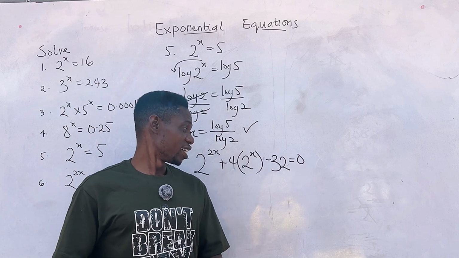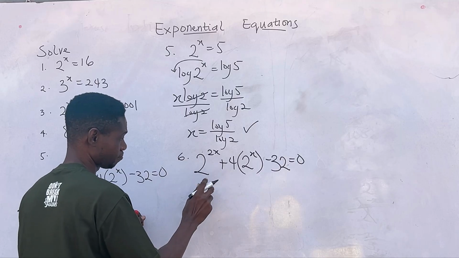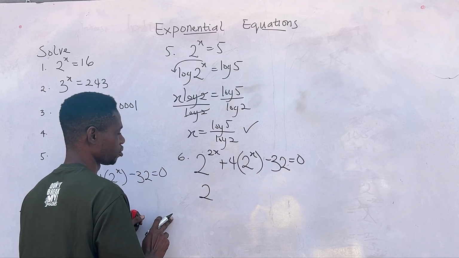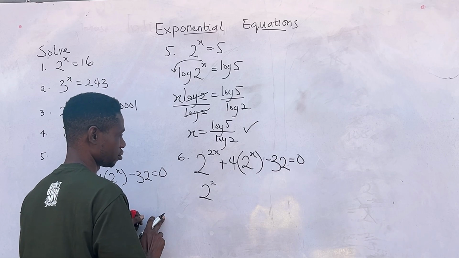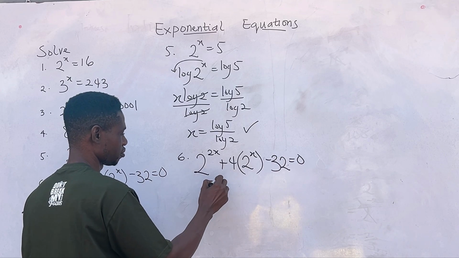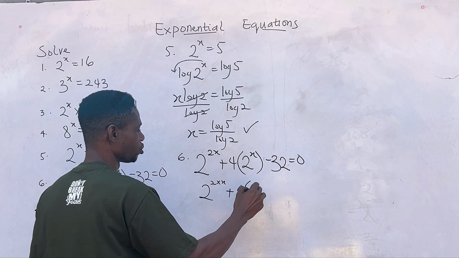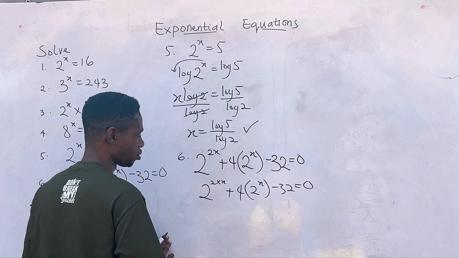So let's go. Now this can be written as 2 raised to the power 2 times x, plus 4 into 2 raised to the power x minus 32 equal to 0.